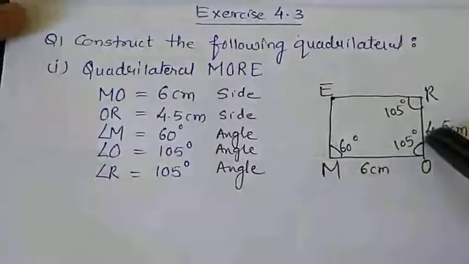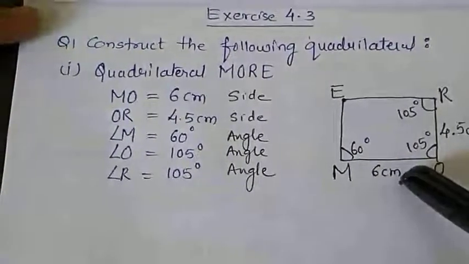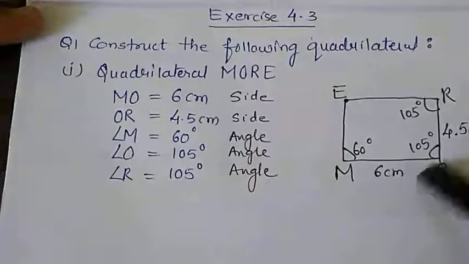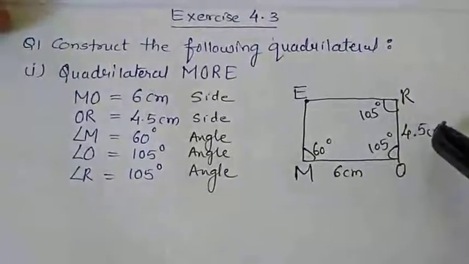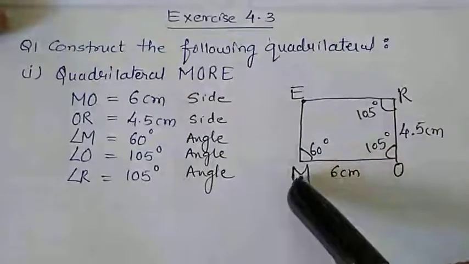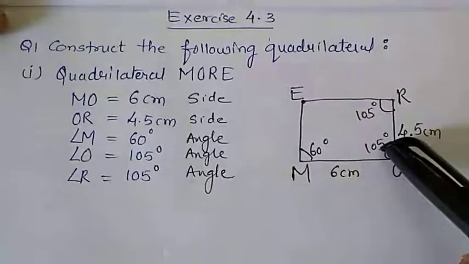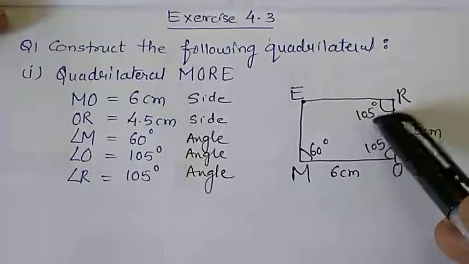This is a rough sketch where MO is given to us as 6 centimeter and OR is given to us as 4.5 centimeter, angle M 60 degree, angle O 105 degree, angle R 105 degree.